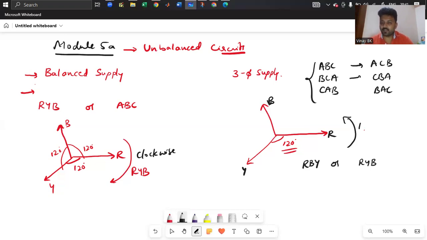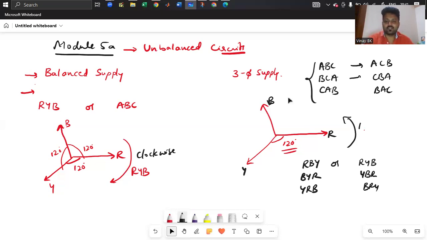RBY is the same as BYR and YRB. Similarly, RYB is the same as YBR and BRY. You'll understand why I'm writing this: you can take a screenshot, because while solving the problem you need to know the phase sequence and the references. So this is about the phase sequence.